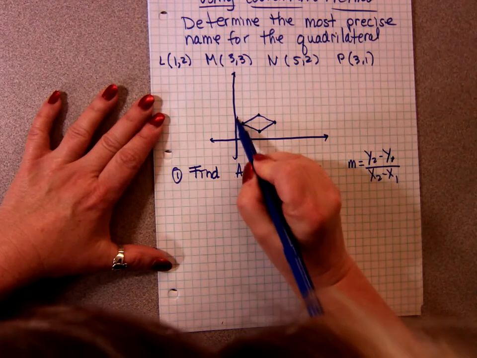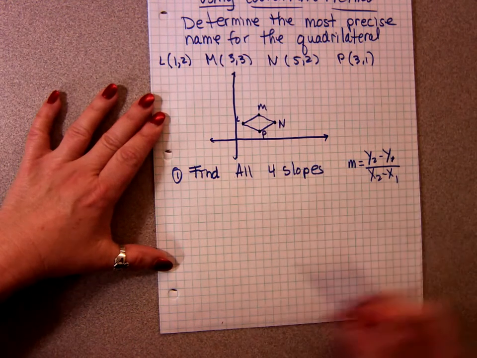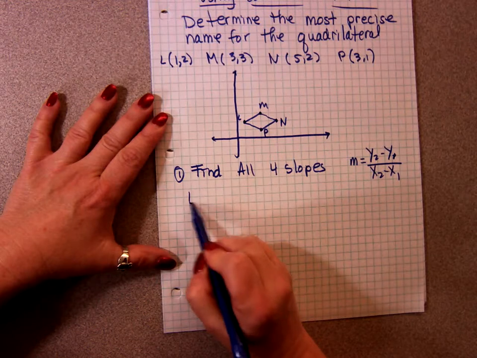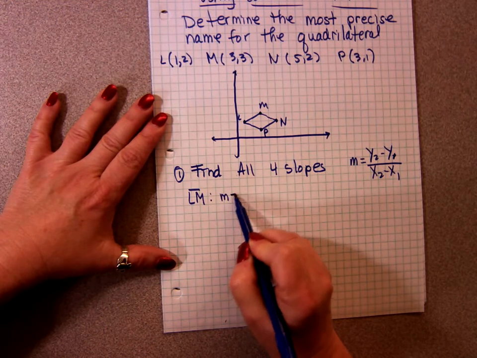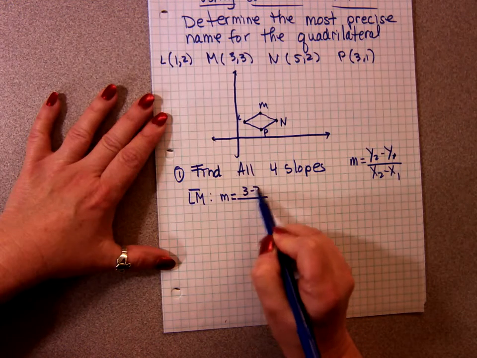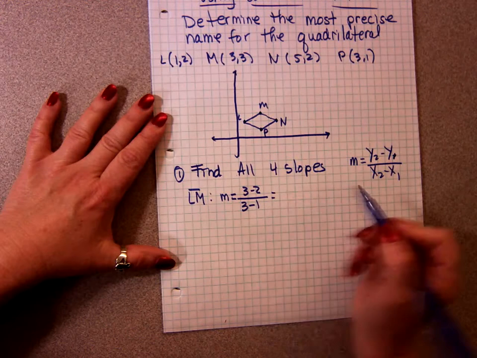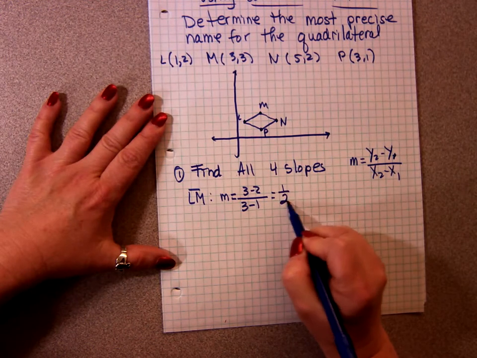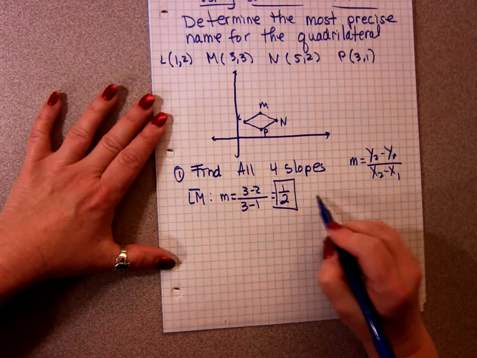I forgot to put the names of the points up here. It would help us. So let's find the slope of segment LM. We have m equals 3 minus 2 over 3 minus 1. When we do the arithmetic, that slope is 1/2. And there's 1.